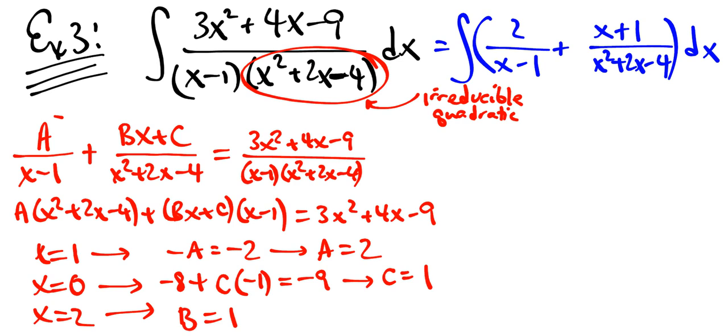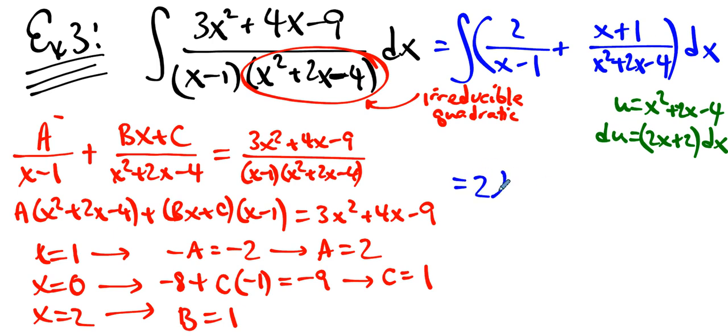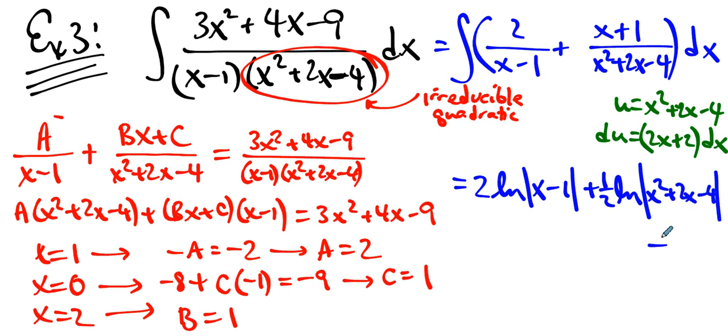And that's not bad, because if u is x squared plus 2x minus 4, then du is 2x plus 2 dx, and that's just twice what we see here. So this turns into 2 ln of absolute value of x minus 1 plus 1/2 ln of the quadratic plus a constant. We can handle irreducible quadratics.